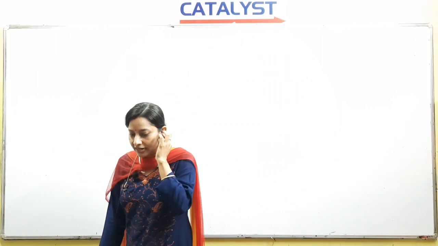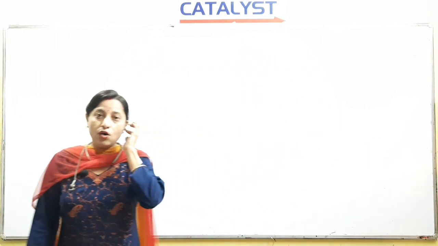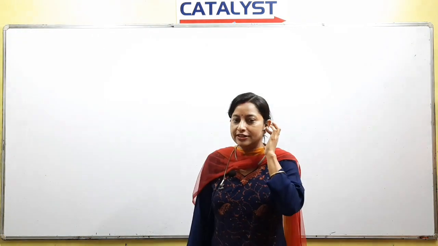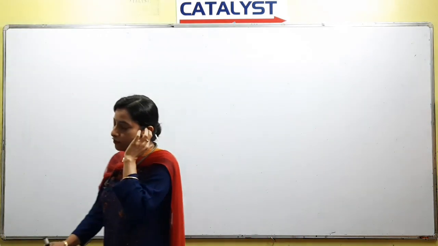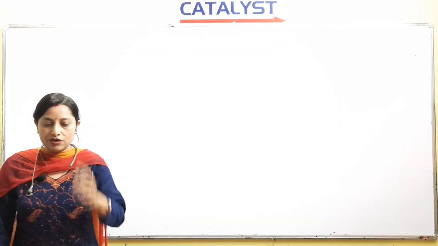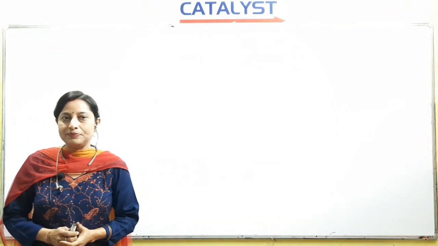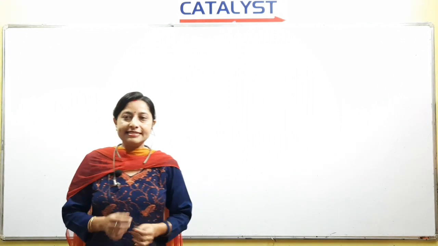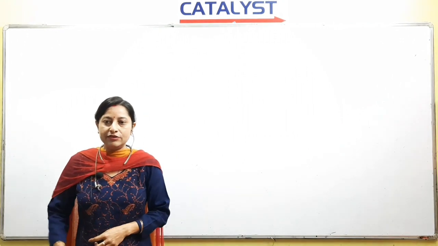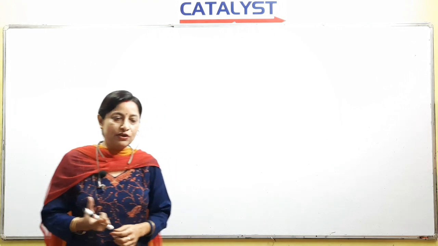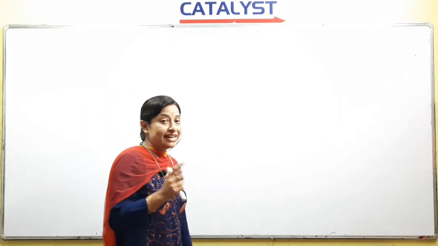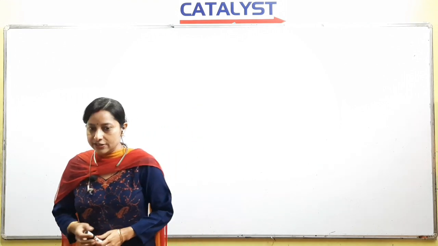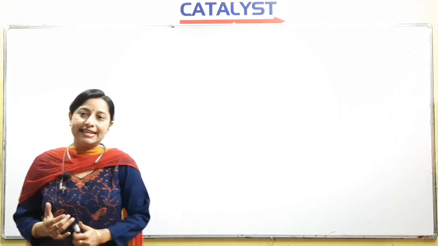So, we are continuing the lesson that we have already started, right? Reproduction in organisms we were doing. I think you all have gone through the previous videos. We used to give you the videos, and so we are going to continue that lesson itself.